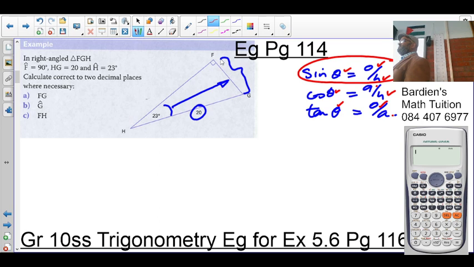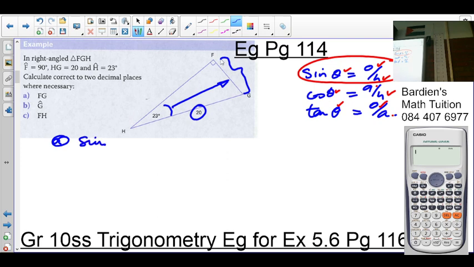You guys understand? So we write for A: sine of 23 equals opposite, FG, over hypotenuse, which is 20. Naturally this is over 1. So we cross multiply, and we get FG equals 20 sine 23 degrees. Put that in the calculator.